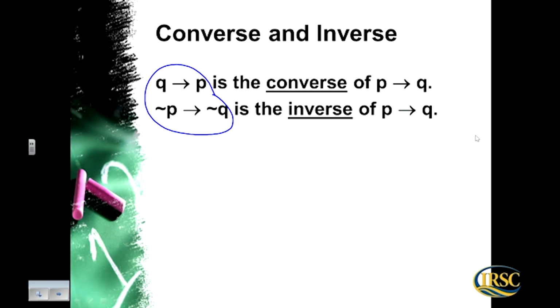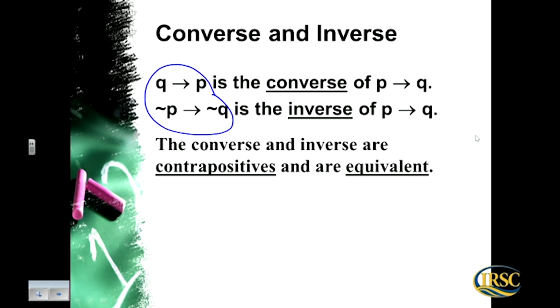So that means that these two are contrapositives of each other. Okay, so the converse and inverse are contrapositives, and because they're contrapositives, they're equivalent to each other. So those two statements are not equivalent to the original if P then Q, but they're equivalent to each other.